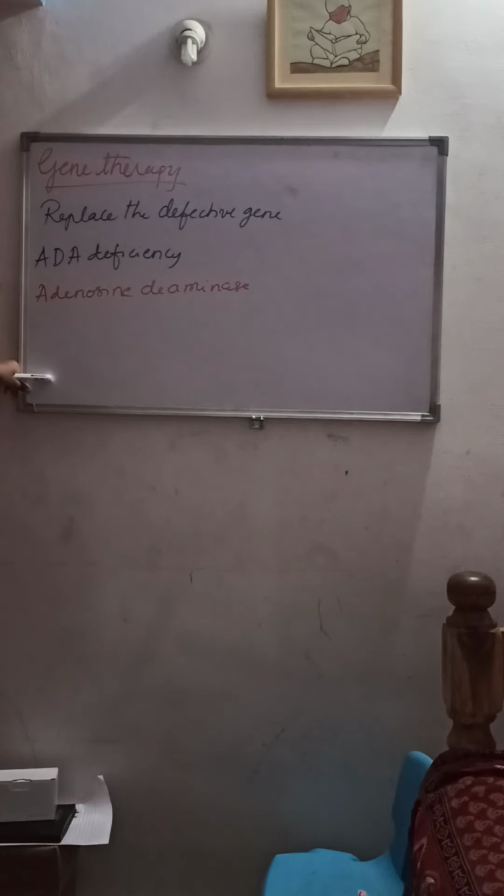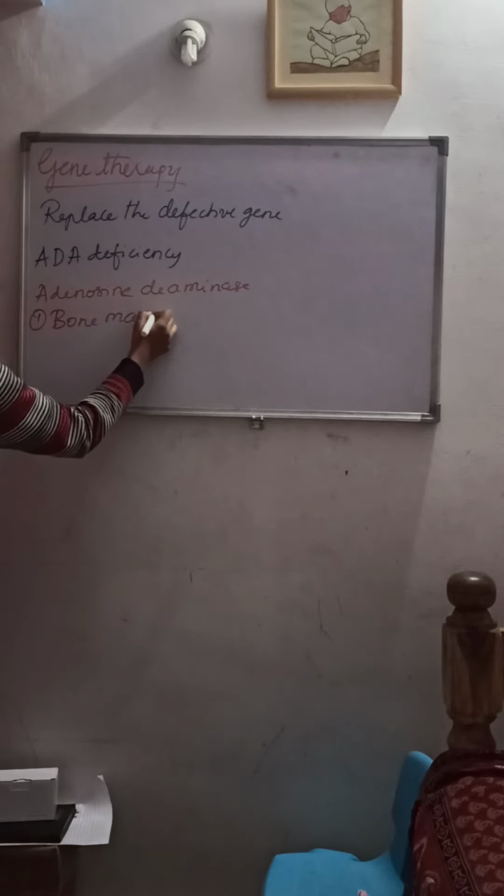Then how is it treated, or what is the methodology of treating ADA deficiency? There are three methods used to cure this ADA deficiency. The first one is bone marrow transplantation.